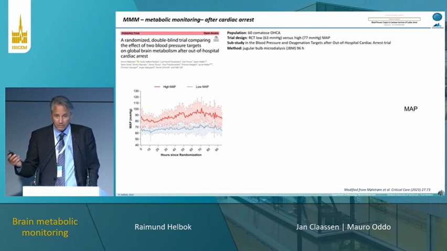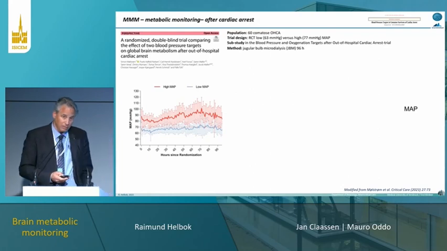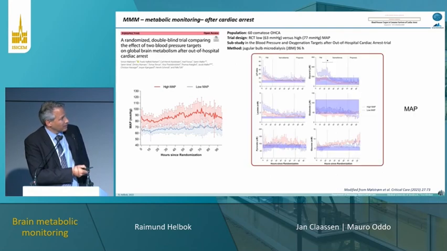This was a negative study, but in a subgroup of patients, they had cerebral microdialysis monitoring as well, the jugular bulb microdialysis monitoring. And the results showed that in these patients where the target was a lower mean arterial pressure, the lactate-pyruvate ratio was actually higher, but it was not clinically significant.